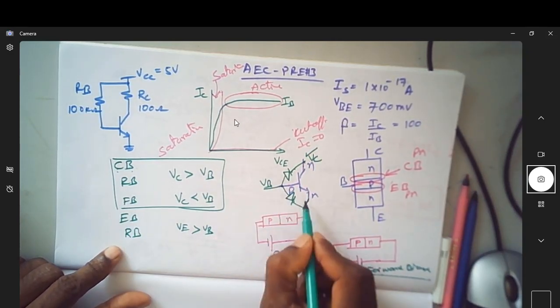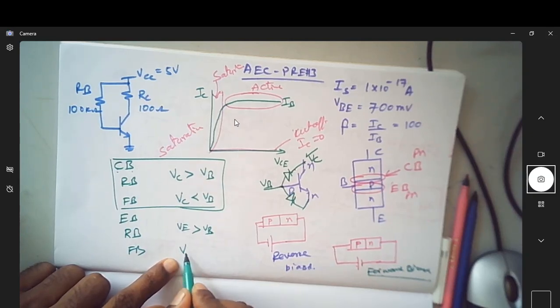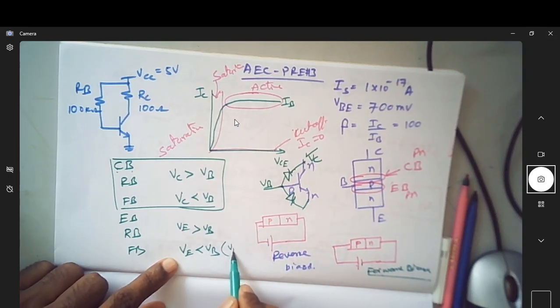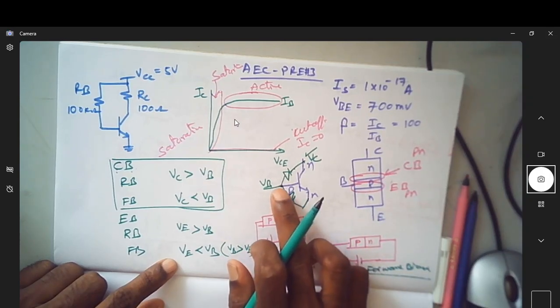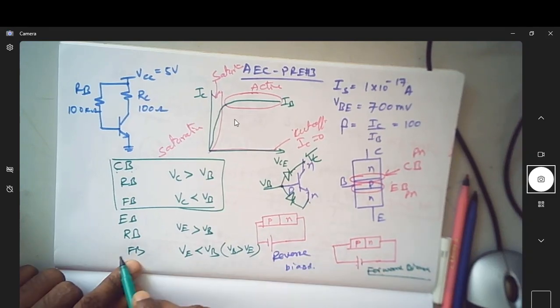The same emitter-base junction is forward biased if VE is less than VB. That is, when VB is greater than VE, when the voltage at the base is more than the voltage at the emitter, then it is forward biased.